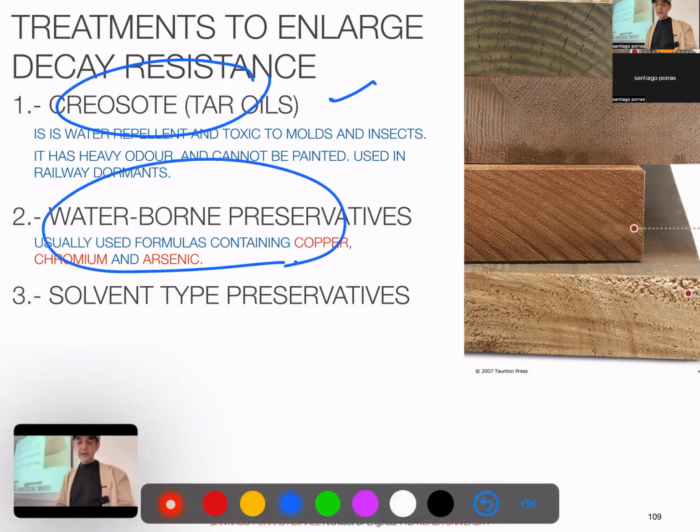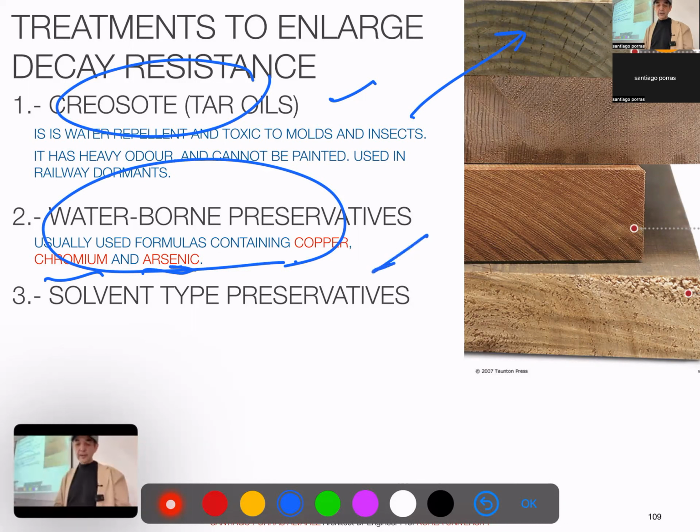Waterborne are the most common. This greenish timber you will see often is copper. Copper is toxic, right? Chromium, arsenic, it's all poisons, right? Which is great, but this washes with rain and goes to the environment, and then you are contributing to adding poisonous materials to the groundwater.